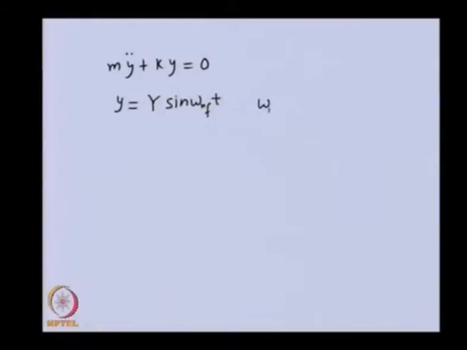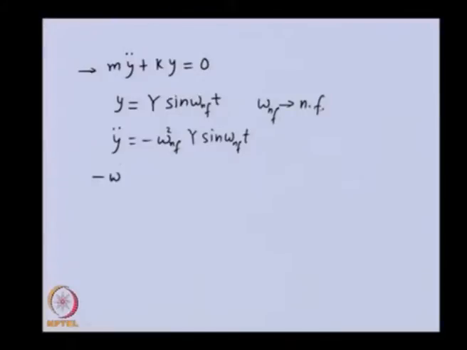Here this is the natural frequency, not the spin speed of the shaft, because at present we have neglected the unbalanced force. So, the frequency corresponds to the natural frequency. If we take the double derivative of this, we will get this expression, and we can substitute this in the equation of motion.